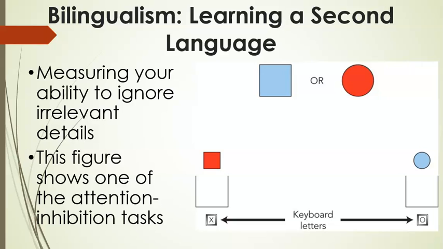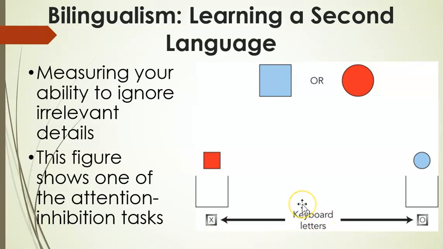So, by measuring your ability to ignore irrelevant details, then you're actually going to be better able to learn a different task. So in this figure, it shows one of the attention inhibition tasks.